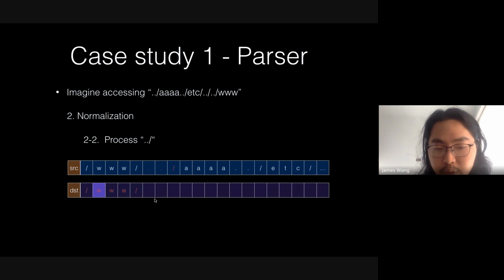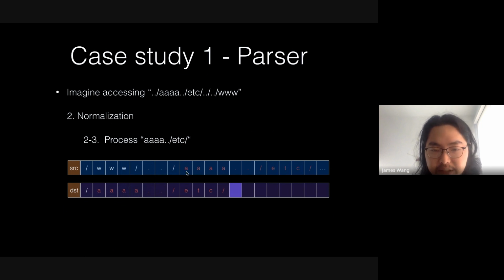This doesn't write anything new to the destination buffer. It just moves the cursor to right after the slash here, meaning that we've discarded this pattern and we're going to write the following parts starting here. Okay, that's for processing the parent directory pattern.